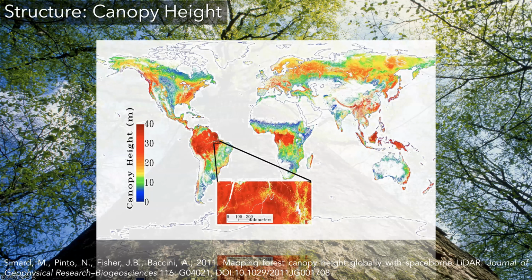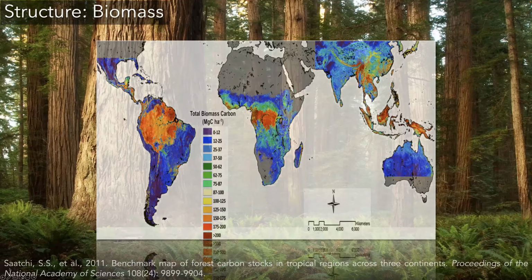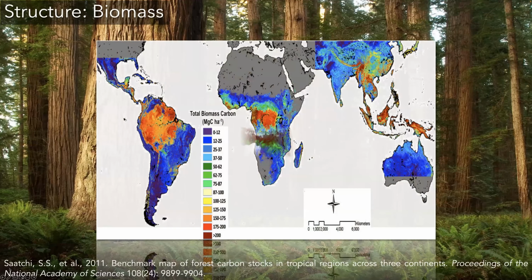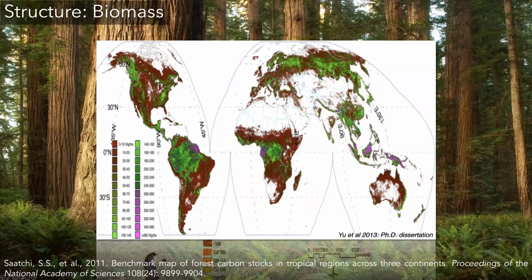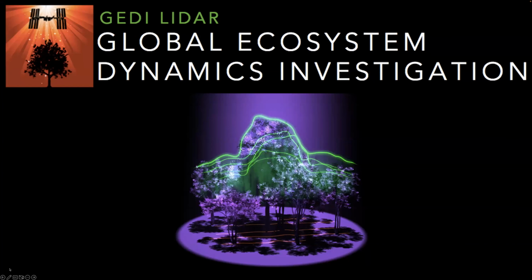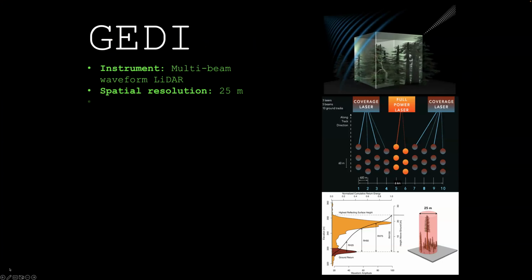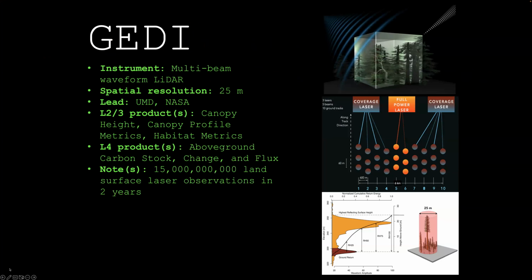And from canopy height, you can start to get a biomass. Sasan Sachi and lots of others have really created amazing global products of biomass from remote sensing. On the International Space Station is the JEDI instrument, and it's a LiDAR. And here are some features of it, basically getting us 25-meter resolution.